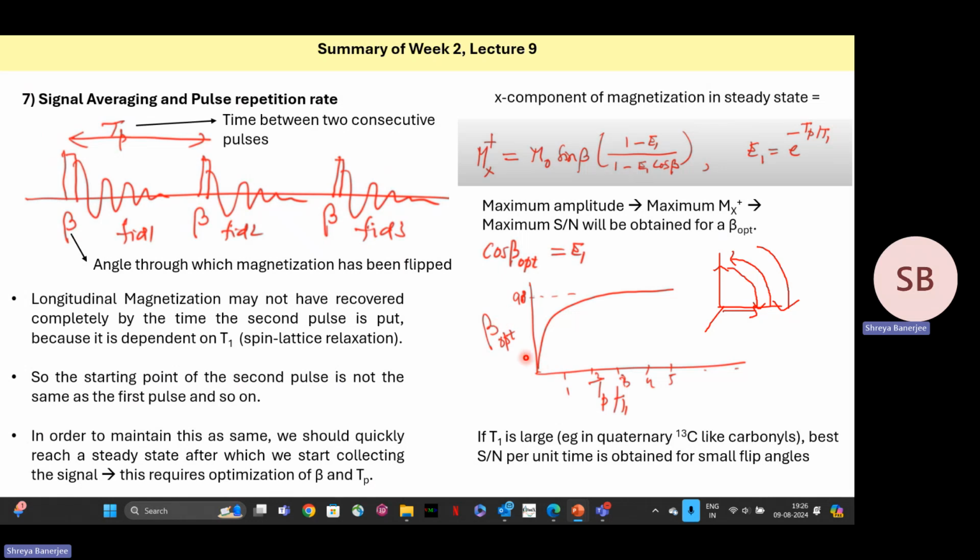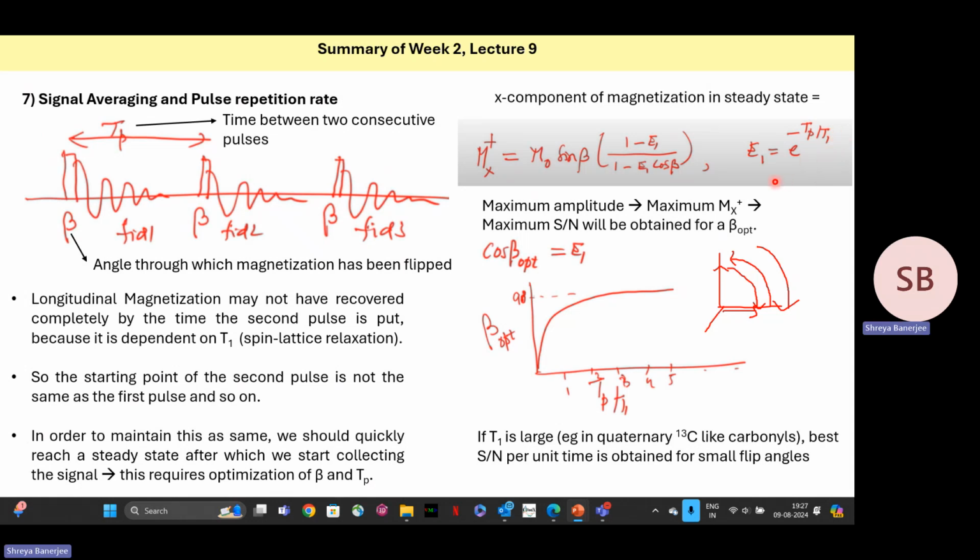Normally, the X component of magnetization, that is the perpendicular component, can be defined by this equation, which is Mx equals M0 sine beta times (1 minus E1) in the numerator and (1 minus E1 cos beta) in the denominator, where E1 is exponential of minus Tp by T1, where Tp is the time between two pulses and T1 is the spin lattice relaxation time.